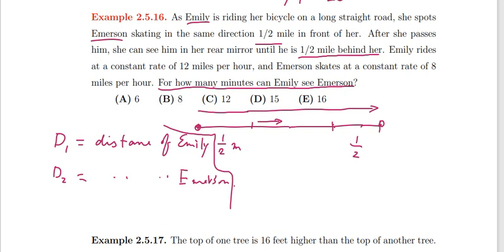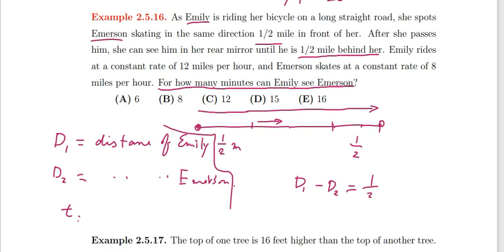So we want to find the time t. The relationship is when d1 minus d2 equals half or is larger than half, then she cannot see. So we want to find such t.